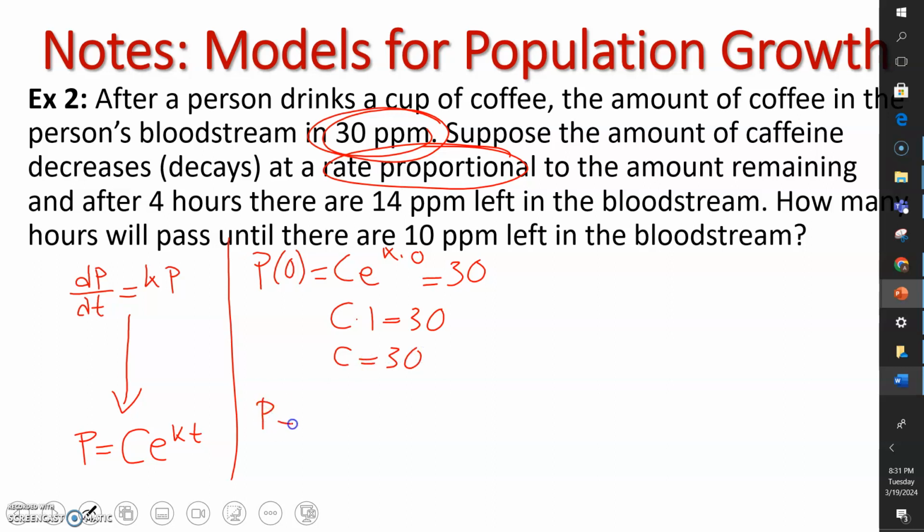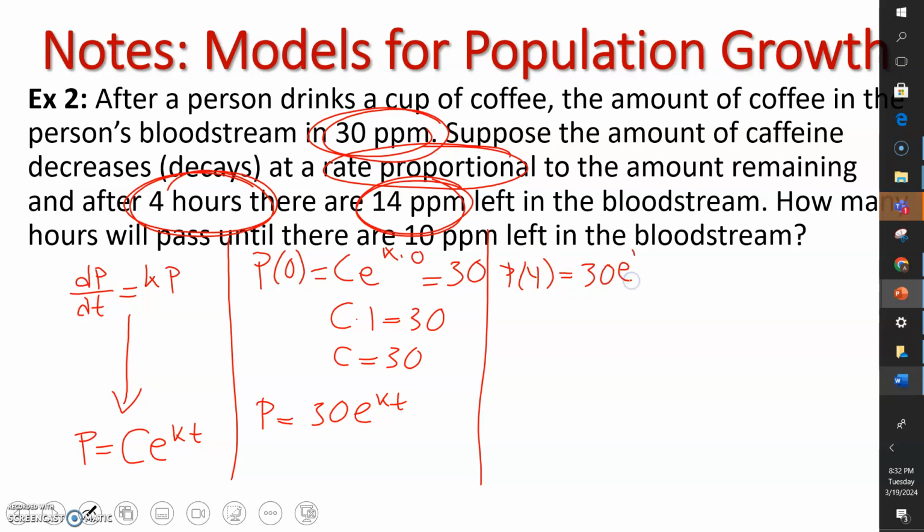So we have P is equal to 30 e to the kt. Now, we also know that after 4 hours, we have 14 ppm. So P of 4 is equal to 30 e to the k times 4, which is 14. So that is 30 e to the 4k is 14.